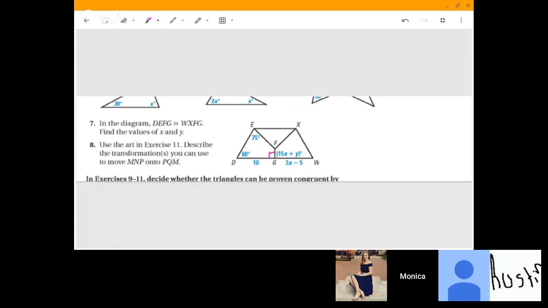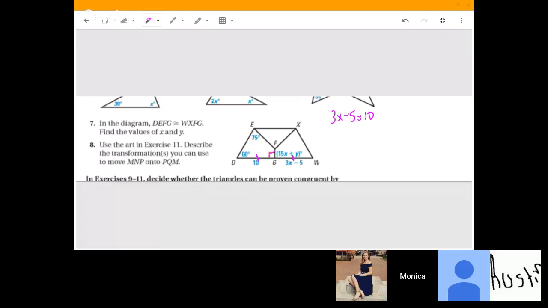In the problem, it tells us that DEFG is congruent to WXFG. So if they are congruent, then we know that corresponding parts are also congruent. So that will tell us that this side is congruent with this side, okay? So we can say 3x minus 5 equals 10, right?